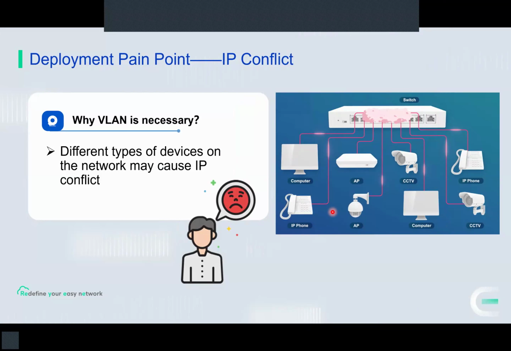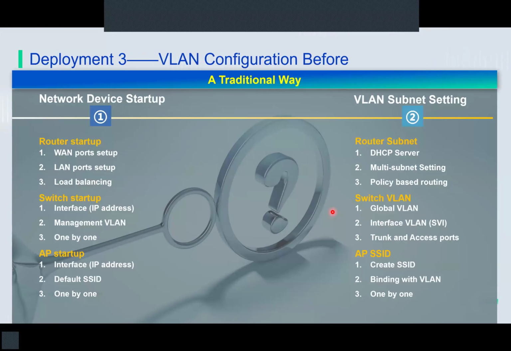So we usually recommend using VLANs to solve this problem, but it was difficult for our partners to set up VLANs before. For example, you had to set up the VLAN for the router, switches, and AP, set up the subnet, and maybe use CLI commands. So it's very difficult. So we use a web page to set up these features in our app.